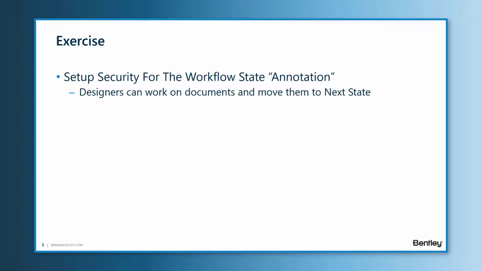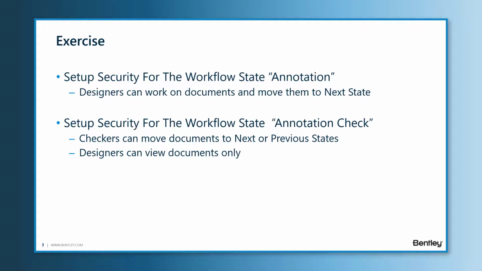The exercise for this lesson will be setting up the security for the workflow state annotation such that designers can work on the documents and then move them to the next state. Once documents have reached the annotation check state, we want to set up the security so that checkers can move the documents to the next state or push the documents back to the previous state, and designers can only view the documents.